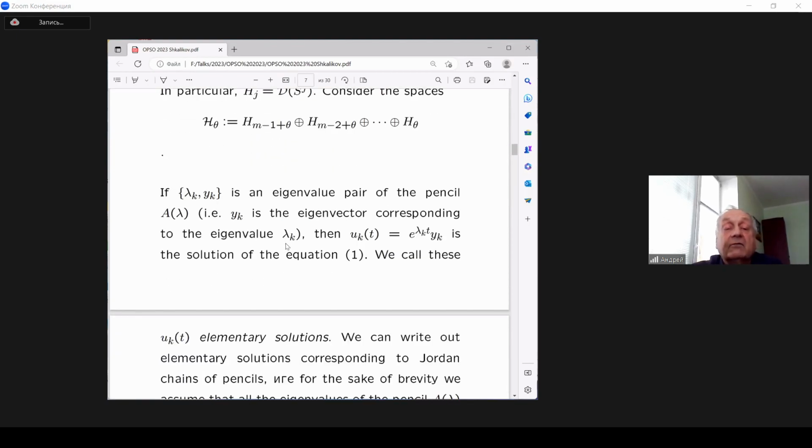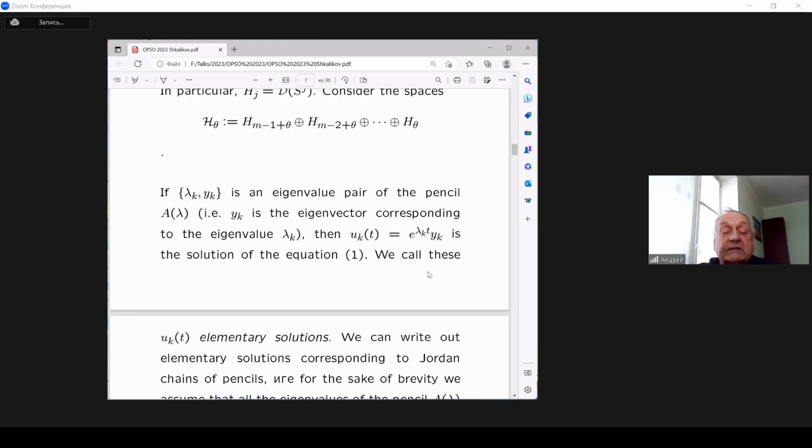If lambda_k, y_k is an eigenvalue pair of the pencil A(lambda), where y_k is the eigenvector corresponding to the eigenvalue lambda_k, then u_k(t), which is the exponent multiplied by the eigenvector y_k, is the solution of the equation which we consider from the very beginning.